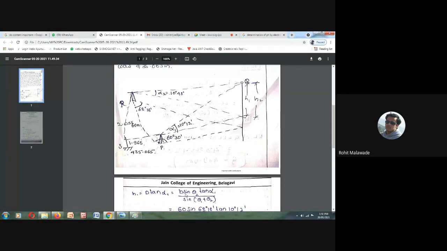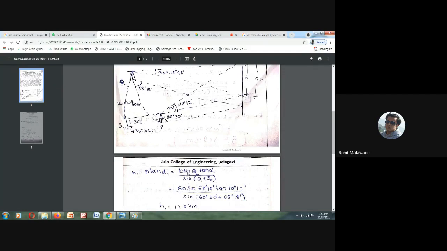But what is D tan alpha 1? Here the distance is B. D is B sine theta 2 into tan alpha 1, where theta 2 is the horizontal angle. So H1 is B sine theta 2 tan alpha 1, where alpha 1 is the vertical angle, and theta 1 and theta 2 are the horizontal angles, divided by sine of theta 1 plus theta 2.